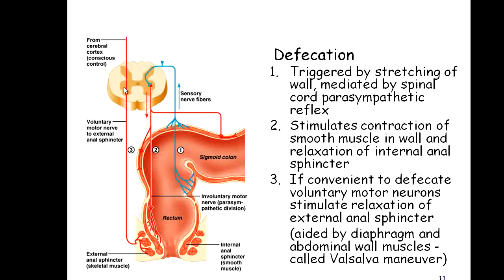So we give an order from the cerebral cortex, which is under conscious control, and it travels through the sensory neuron to the motor neuron to the external smooth muscle. When the external smooth muscle gets relaxed under voluntary control, the stool is defecated out of the intestine.